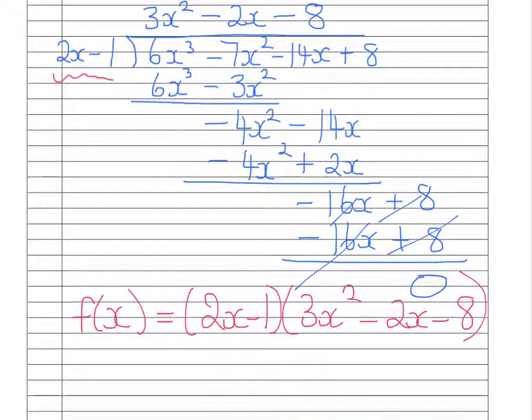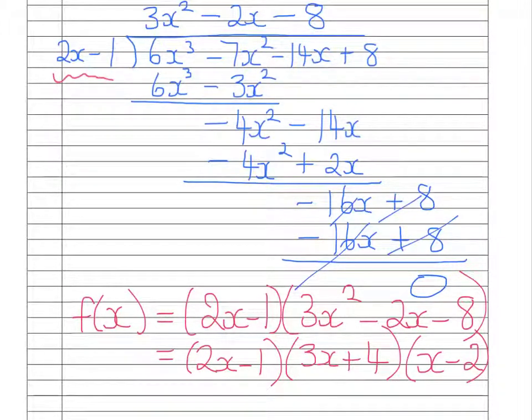So you just need to have a think about that. It's your basic factorising quadratic, which you learned at GCSE. I've already had a think, so I know that it's 2x minus 1, 3x plus 4 and x minus 2. And now f of x is fully factorised.